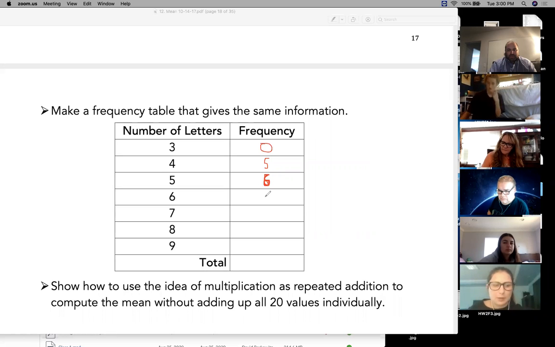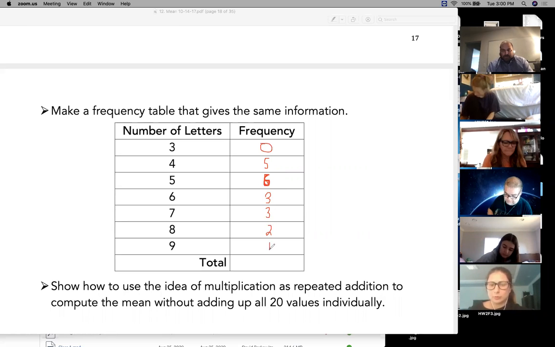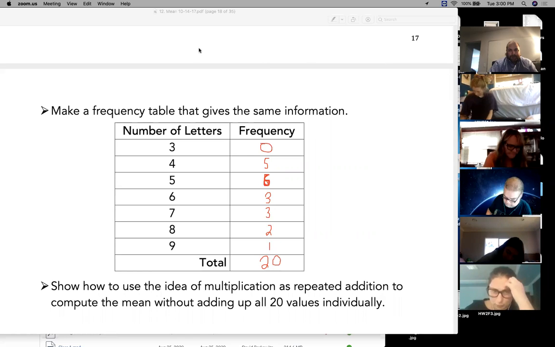How many 6s were there? 3. 7 was 3. 8 was 2. 9 was 1. Right, for a total of 20. Cool. Okay.